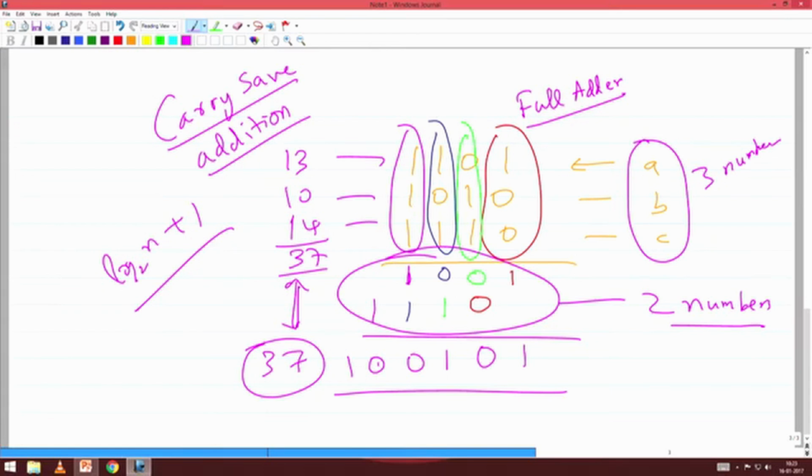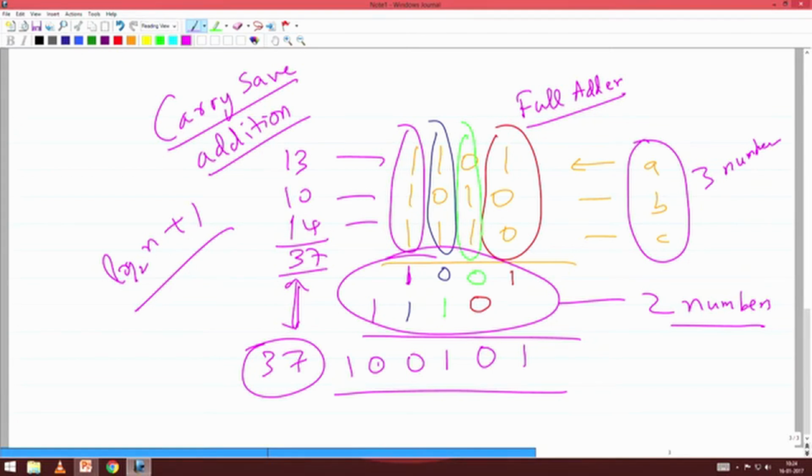So I saved the carry bit for adding at a later stage. In this stage I get the sum bit and also a carry bit which I save, and I use it at a later stage for finding the result. So this is what we term as carry save addition. Any doubts in this?